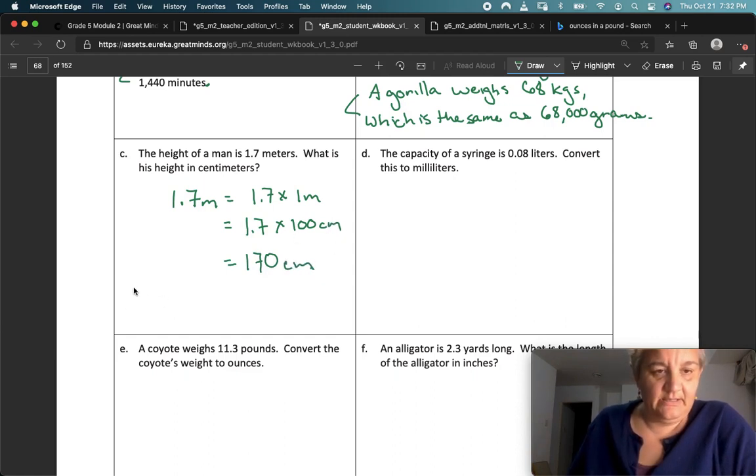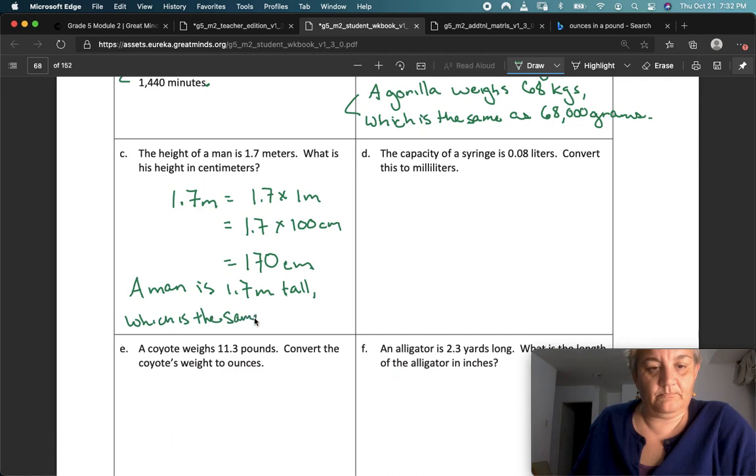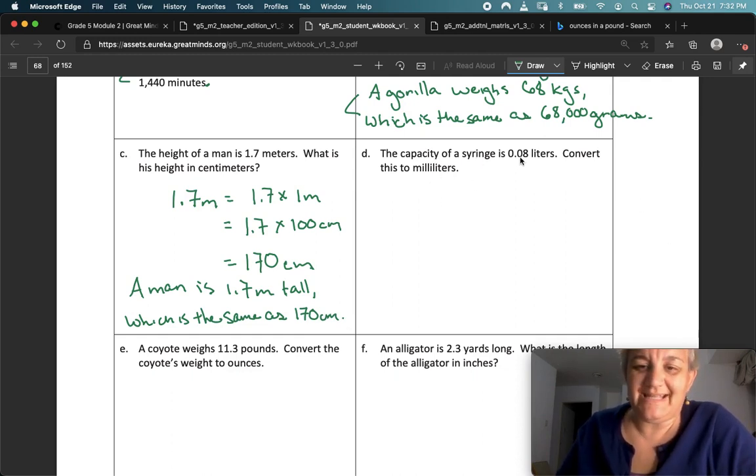Okay. A man is 1.7 meters tall, which is the same as 170 centimeters.